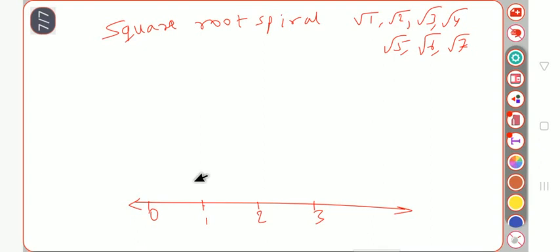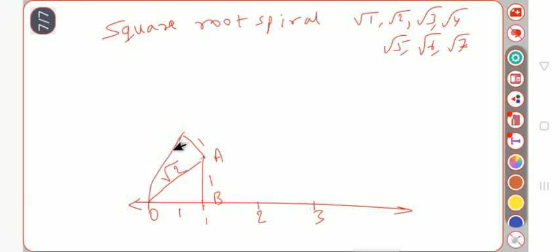Now root 2, as I have discussed earlier how to represent root 2 on the number line. Draw a perpendicular of 1 unit here and join this to this. This represents root 2 because this is 1 unit and this is 1 unit. Suppose this is point A, this is B. Now again take 1 unit perpendicular from A. This represents root 3.